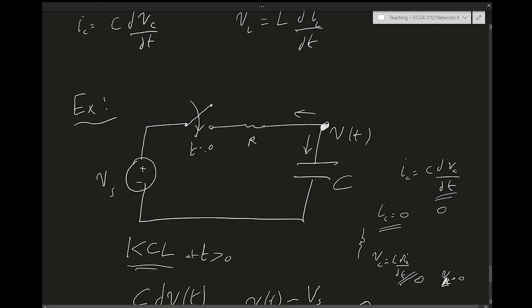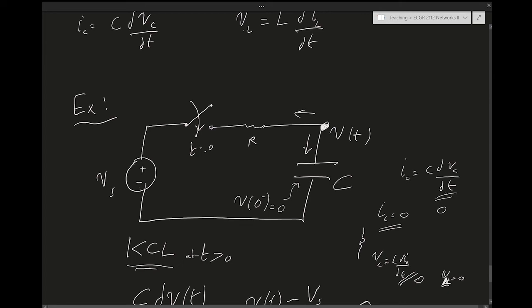The value of K2 is going to vary depending on whether there is some initial charge on the capacitor or not. Let's assume that the initial charge on the capacitor, V0 minus, meaning the voltage just before the throwing of the switch, is equal to 0.